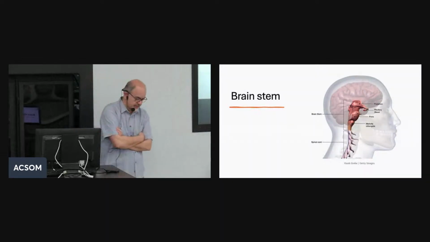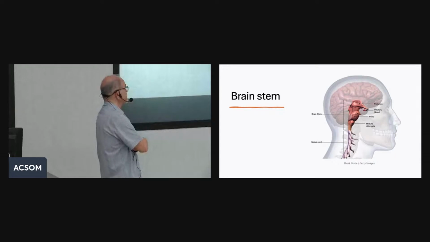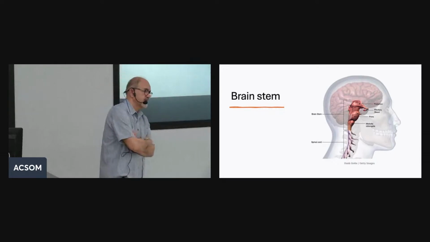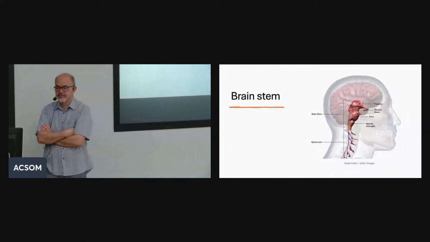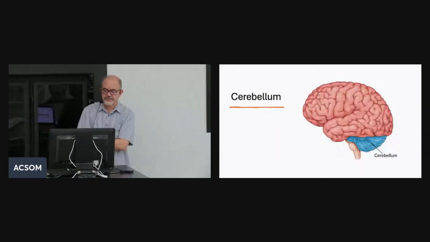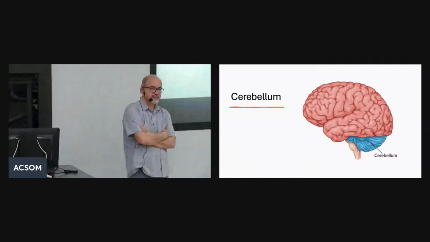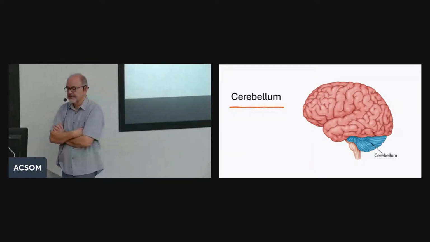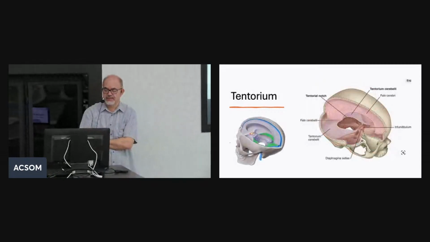I'm sure you've gone through the head and neck anatomy, so we won't spend too much time here. But brainstem controls some of the most basic body functions, such as breathing and arousal. And then you have cerebellum, which controls balance and sits all the way down in the occipital bone area.